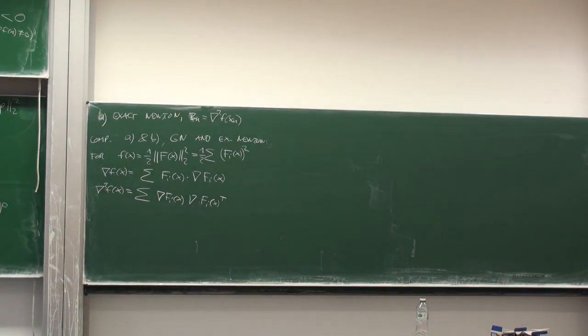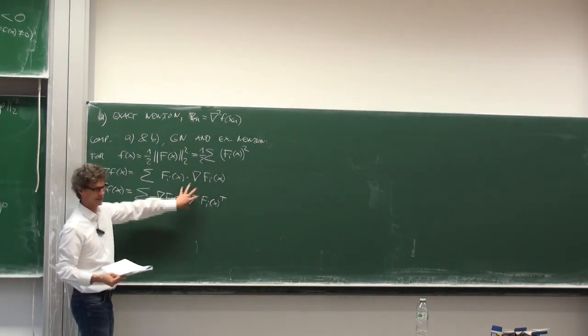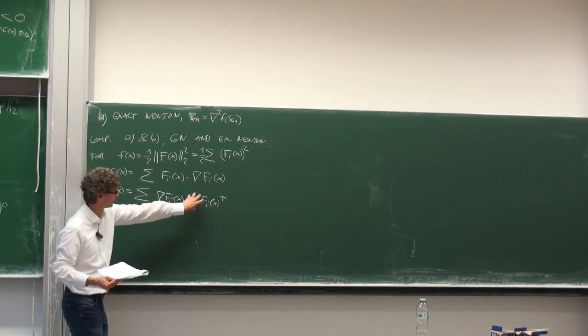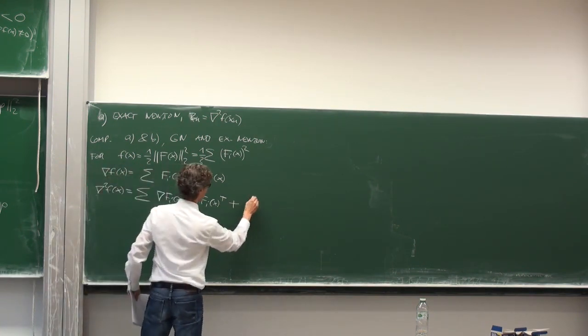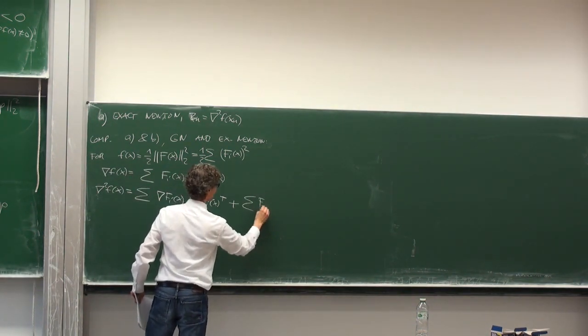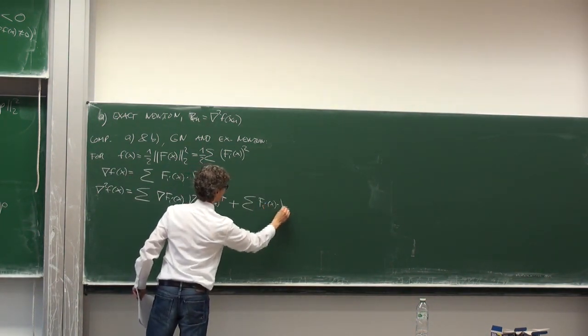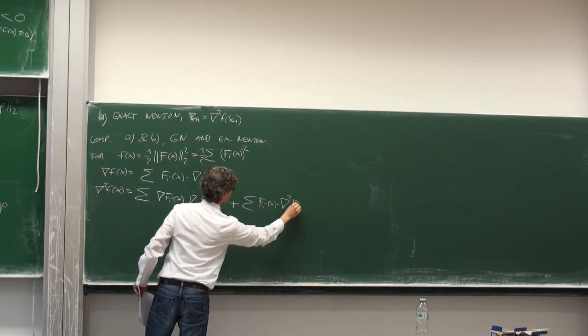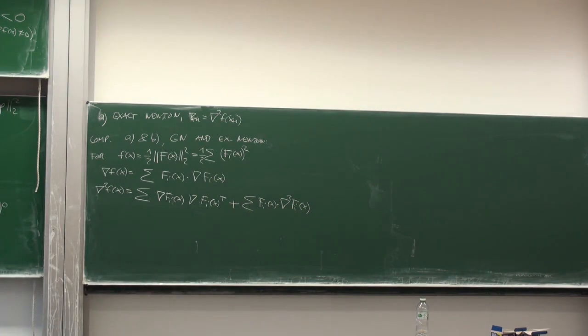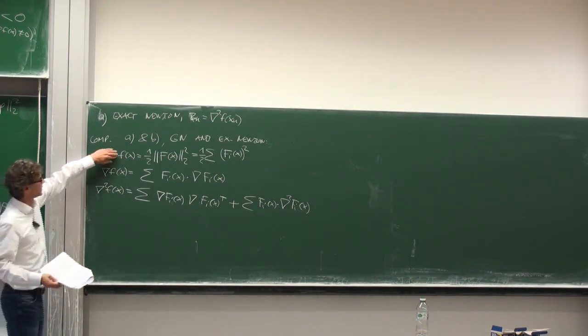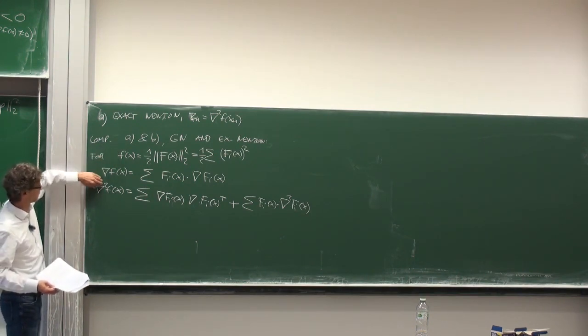Now this is a matrix of the right dimensions, and it contains all the partial derivatives of first order. The other term will be the sum of f_i of x times the Hessians of f_i of x. So what you see here is a complete computation of these derivatives, first and second.